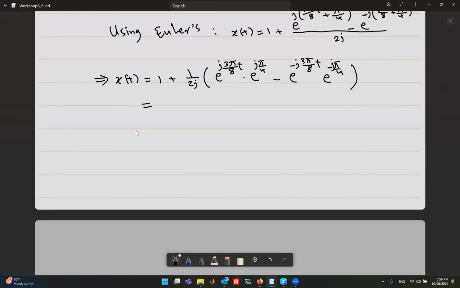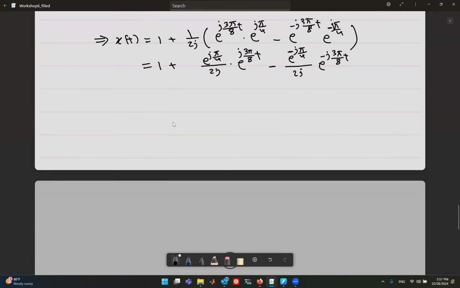Let me distribute this term. So 1 plus exponential j pi over 4 divided by 2j times exponential j 3 pi divided by 8 t, minus exponential minus j pi over 4 divided by 2j times exponential minus j 3 pi over 8 t.